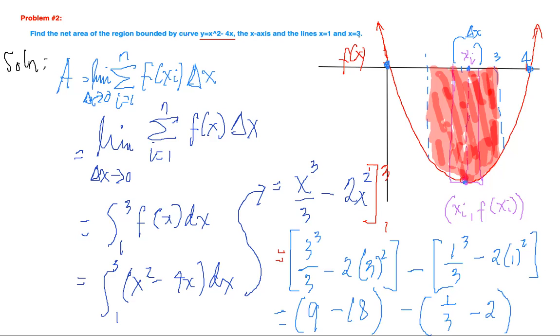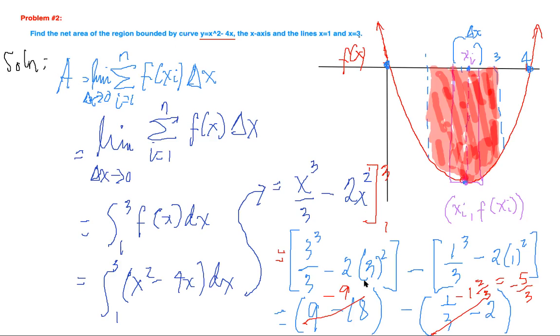Let's simplify this on the next slide. We have 9 minus 18, which is equal to negative 9. And 1/3 minus 2 is negative 5/3.